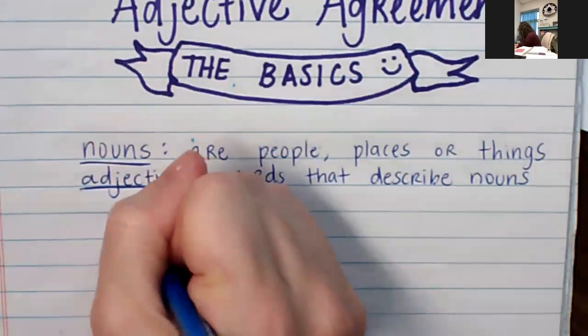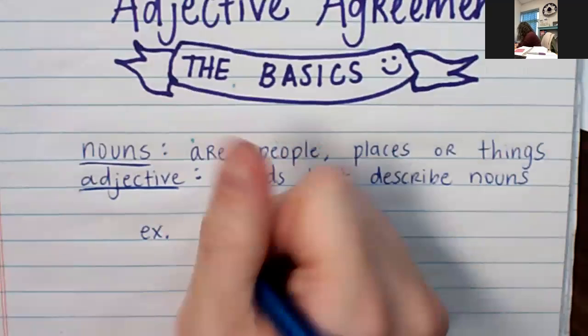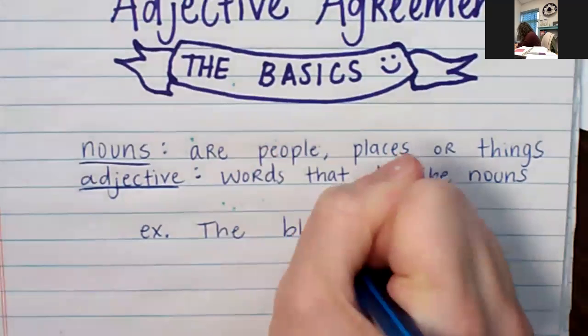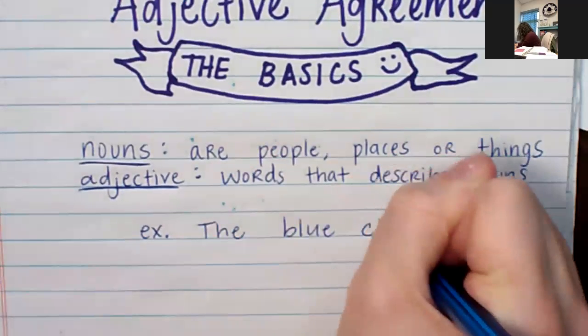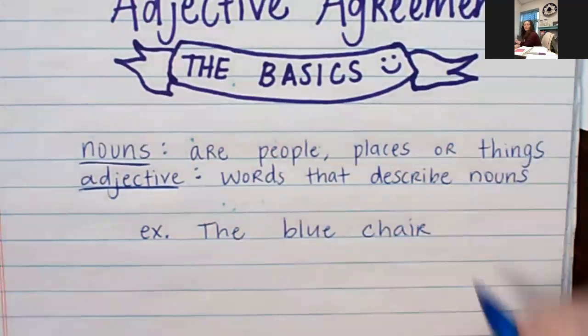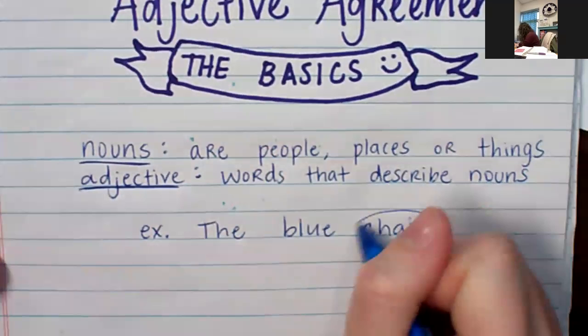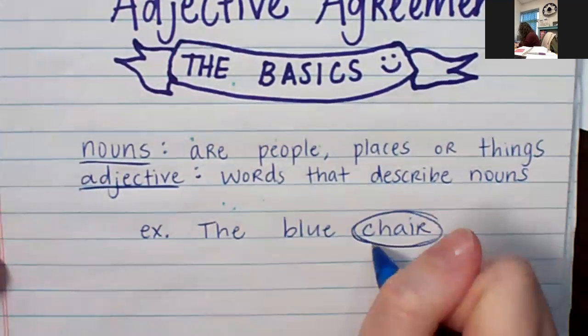So an example, if I say the blue chair, the blue chair. The noun in the sentence, the person, the place, or the thing, is the chair.